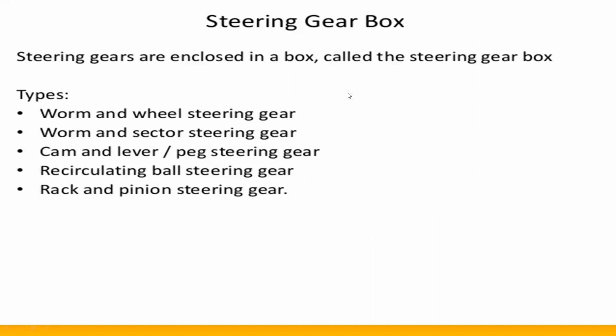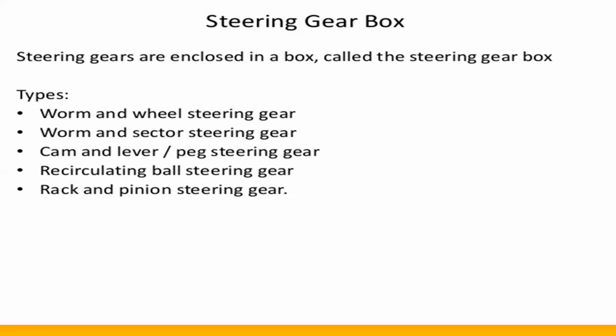In the steering box, what are the different types of gearboxes we are using in automobile vehicles? The types of gears are the worm and wheel steering gear, worm and sector steering gear, cam and lever or peg steering gear, recirculating ball steering gear, and rack and pinion steering gear.